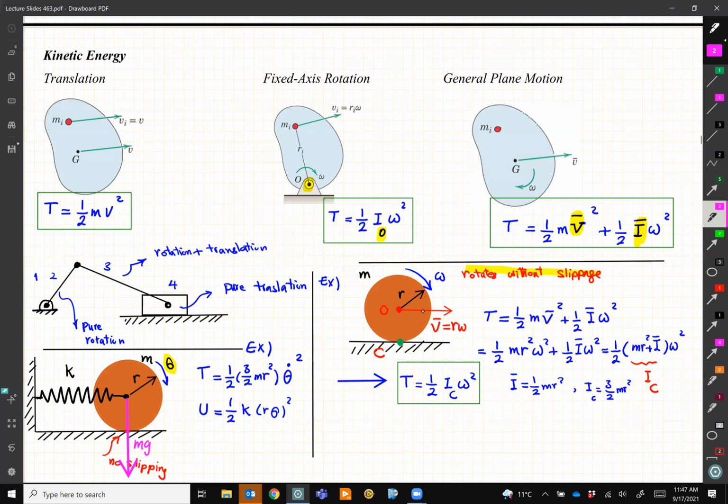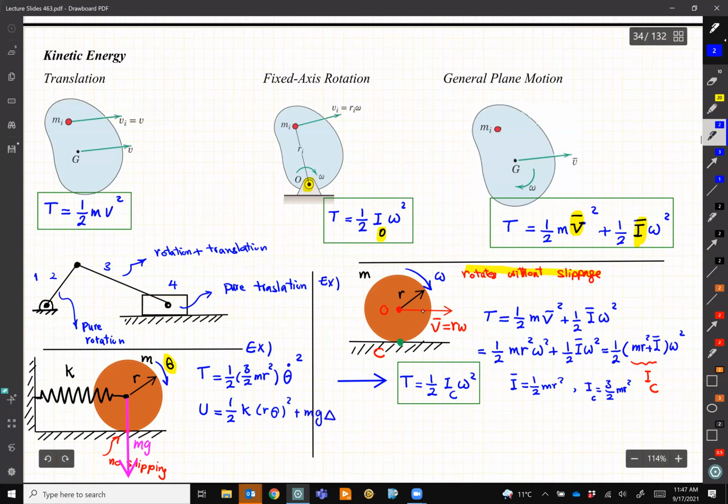So that's the rule. If there is no pre-tension or pre-compression in the spring because of the mass, it should be included here. However, I didn't write it. Why? Why I didn't write it? Technically, we should have mg delta h, right?